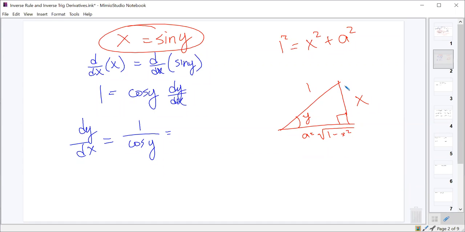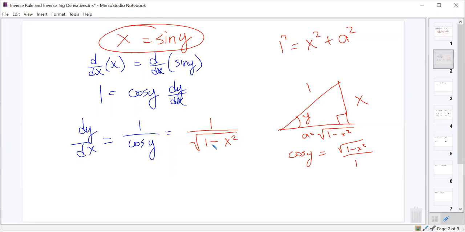And now, just by using this triangle, we should be able to figure out what the cosine of y is. Cosine is adjacent over hypotenuse, right? So cosine y is root 1 minus x squared over 1, or just root 1 minus x squared. So this becomes 1 over root 1 minus x squared.